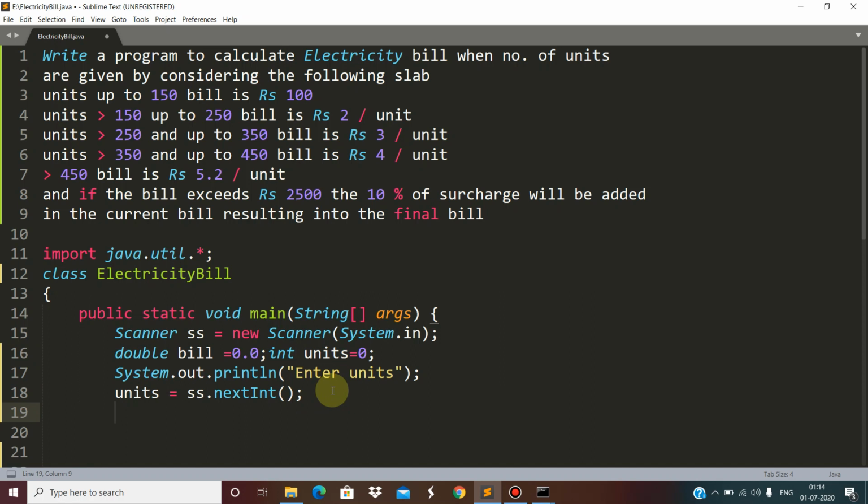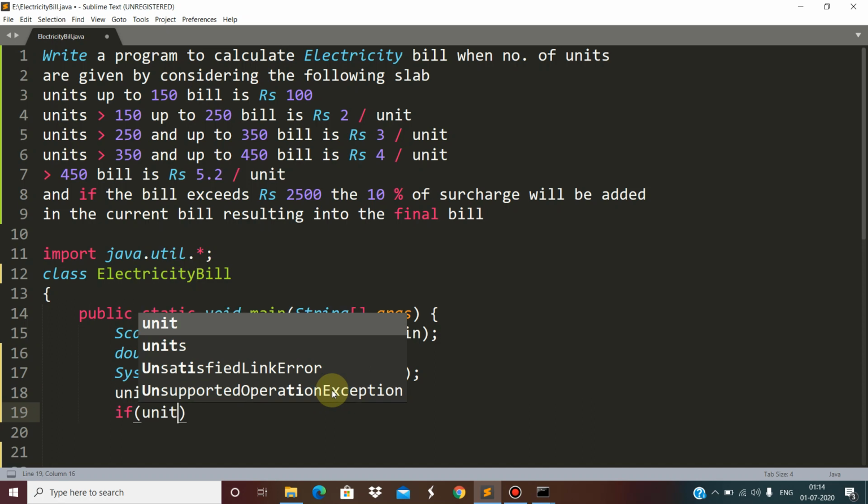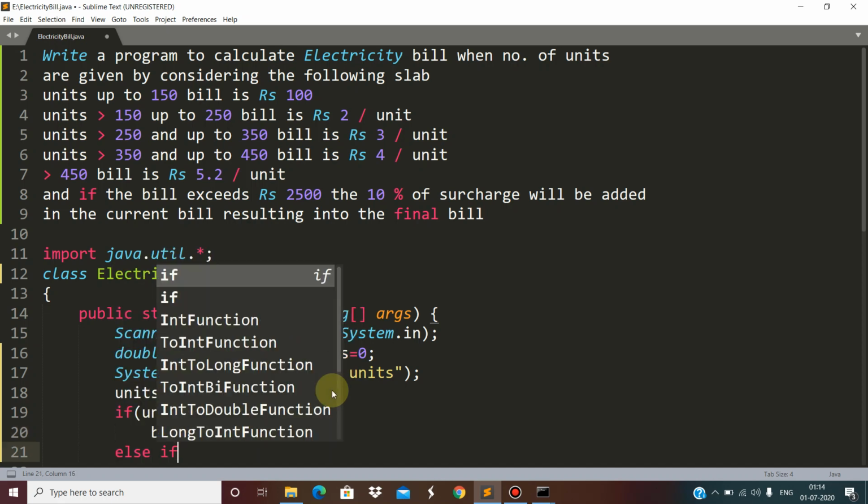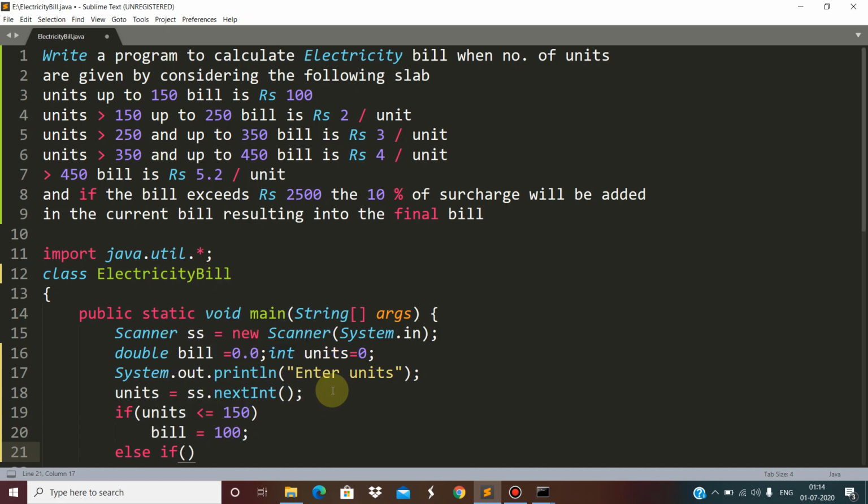So let us start with the very first condition: if units are less than or equals to 150, then in that case the bill will be rupees 100. Else if the second condition, which is units more than 150 and up to 250, we need not write more than 150 as we have discussed in the previous video.